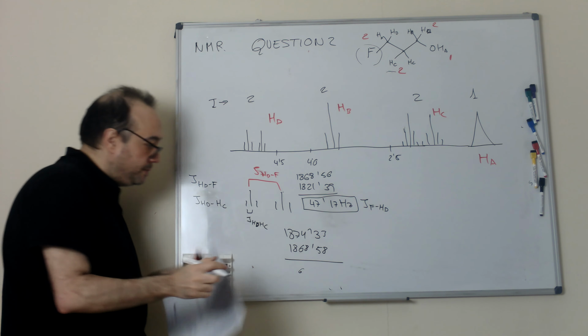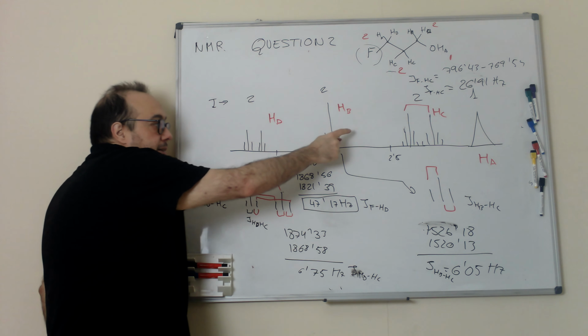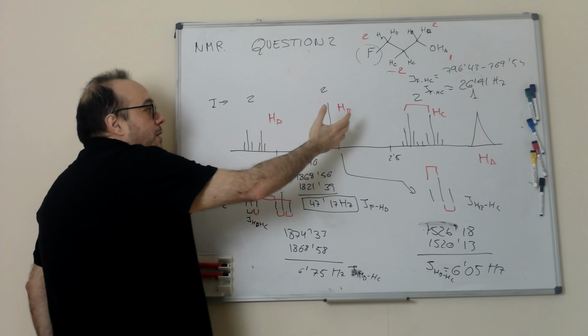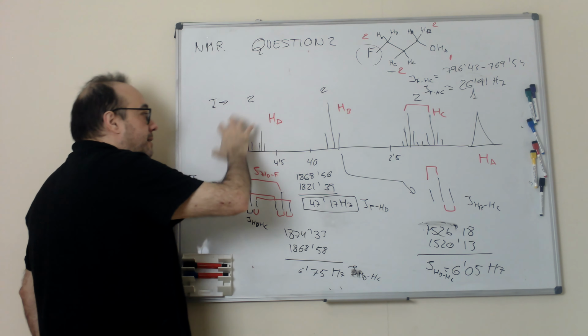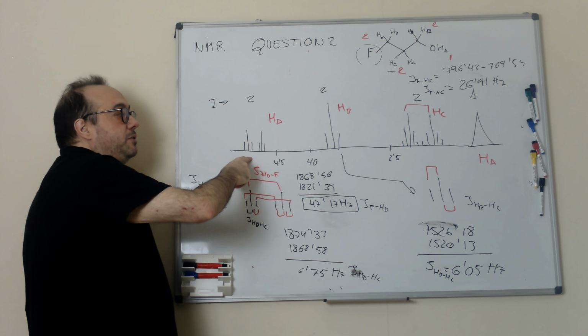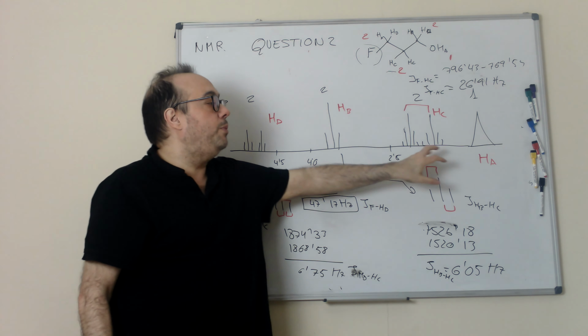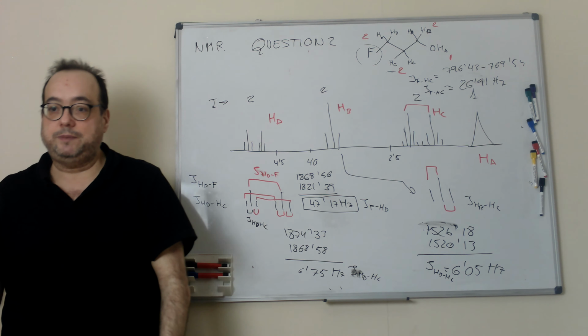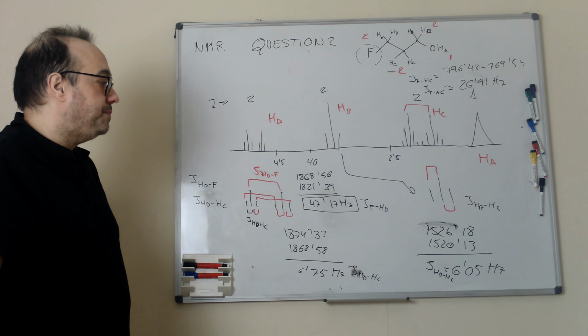And then the only thing we need to do is to calculate the coupling constants. We take the easy, simple signals first. For example, this triplet is very clear, it's only one coupling constant, so it's very easy to determine. Then we take this doublet of triplets, which is also very easy. And finally, we analyze the most complex structure. And that's all.